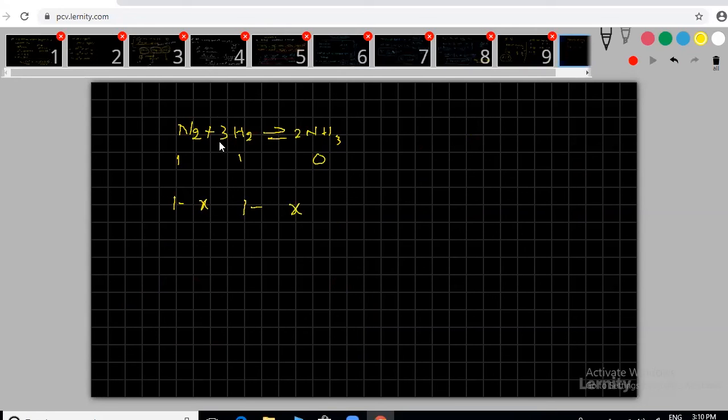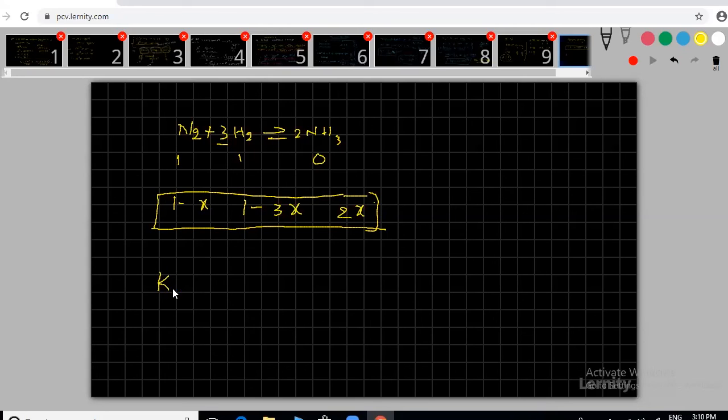But how much is in front of this? 3. This is 3x, but how much in front of this? 2. So you can write like this. So this is the expression. Now you make and write the Kp relations.